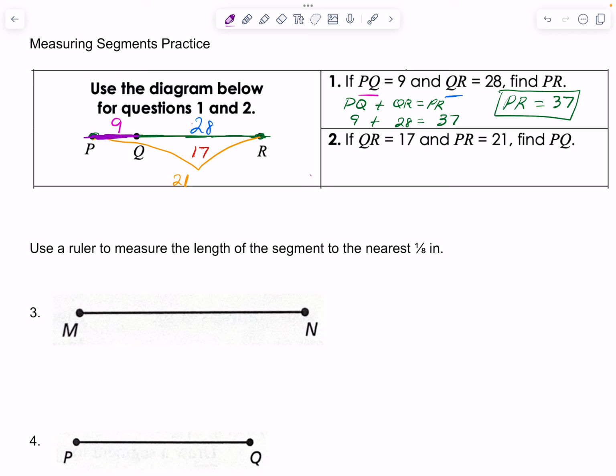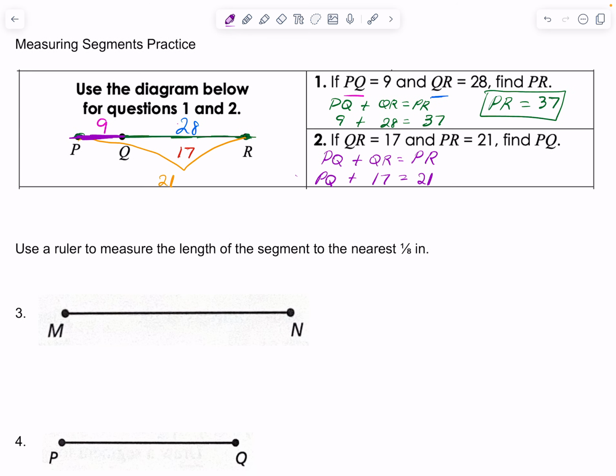Using the same definition from earlier, we have segment PQ plus the length of segment QR equals the length of segment PR. Filling in the information that we know, QR is 17 and the length of segment PR is 21. So we can use algebra to find that missing segment length PQ. Hopefully you see the length of segment PQ must be 4 units.